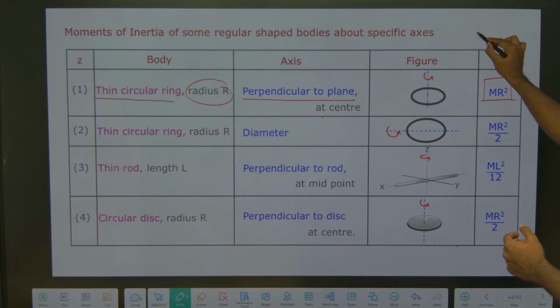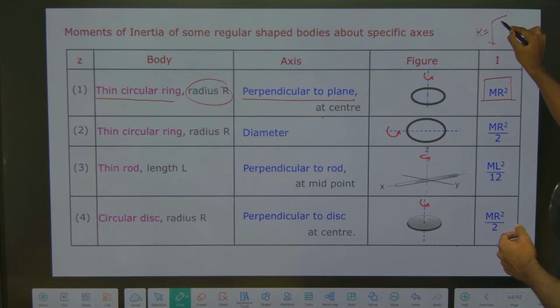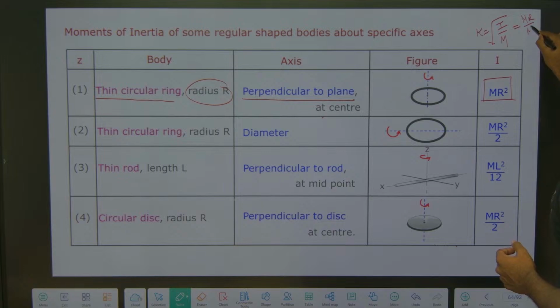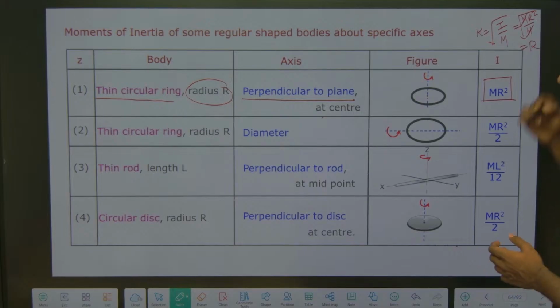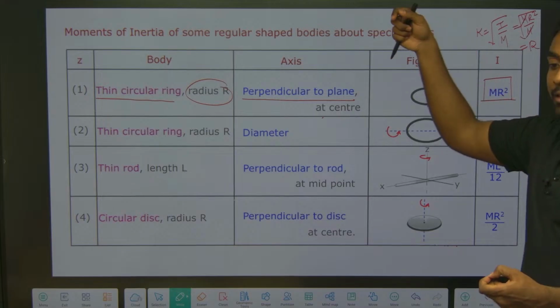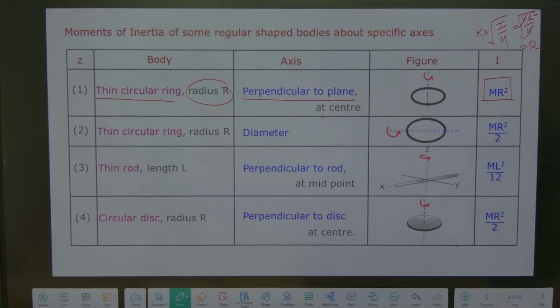K equals root over I by m. The moment of inertia of the ring is mr square, so mr square by m under the root. So r square, m and m get cancelled. So the radius of gyration is r. The particles are all concentrated at that distance.